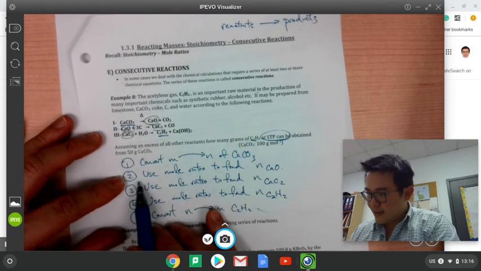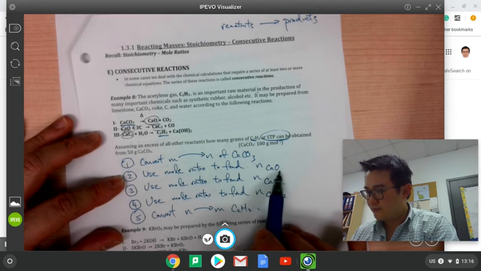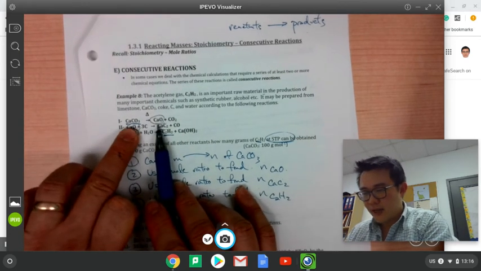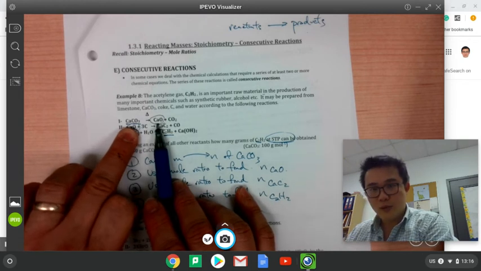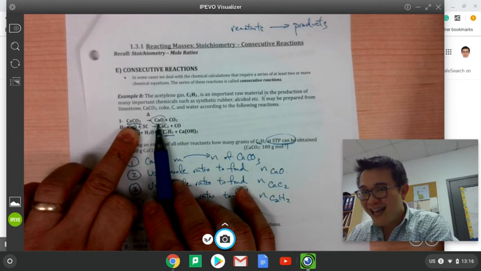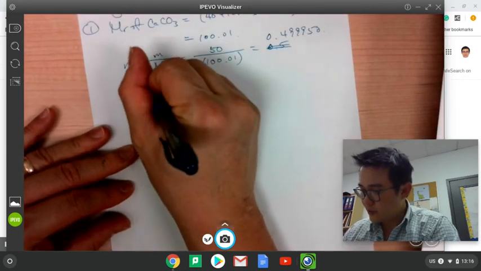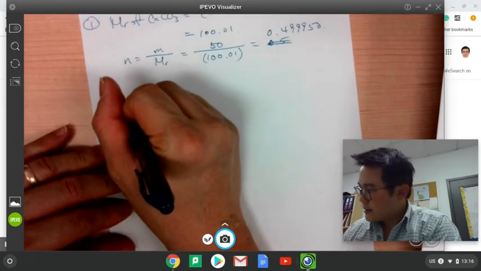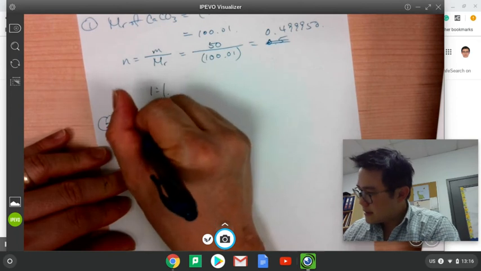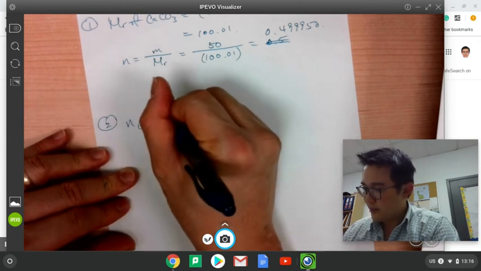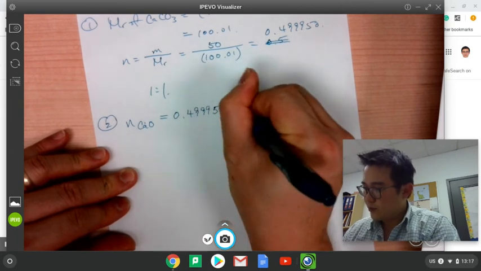Now second step, use the mole ratio to find the number of moles of CaO. If you look at this, the molar ratio between calcium carbonate and CaO is 1 to 1. Because it is a 1 to 1 ratio, the number of moles of CaO also happens to be 0.49995 moles.